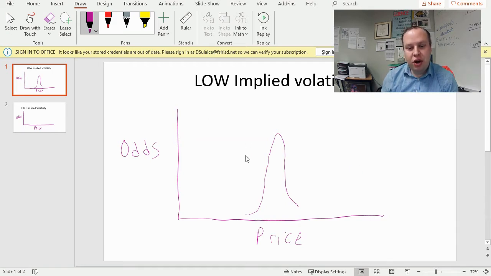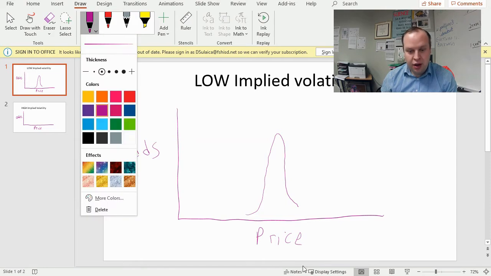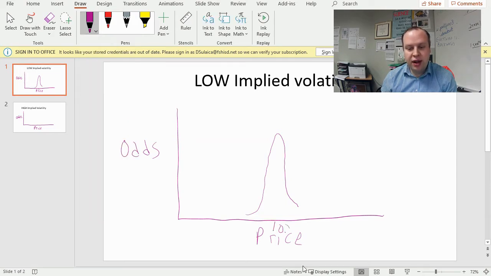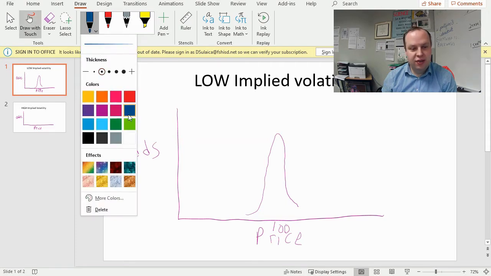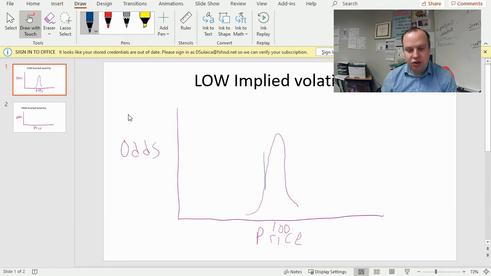Over here, I have a chart of low implied volatility. What that essentially means is whatever the stock price is, let's say the stock price is exactly at 100, we're going to know that the stock in the next year will be within a very close range of that $100. To get a little bit more advanced in the statistics, it's one standard deviation away that it's going to be within these ranges in 1 year.